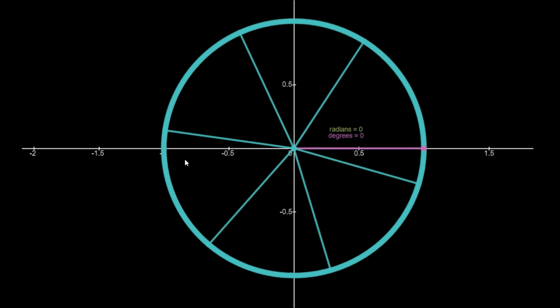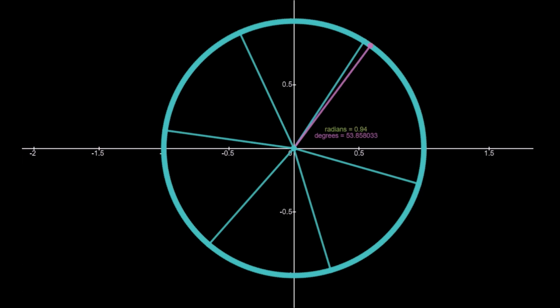So I'll press play on this just now and we can watch this work its way round. There's a little pink line here, and you can see it's counting its way round, and you can see the degrees and the radian values. Now if I get up to this blue line here and I'll press pause, we'll see that at this blue line here we're going to have 1 radian.